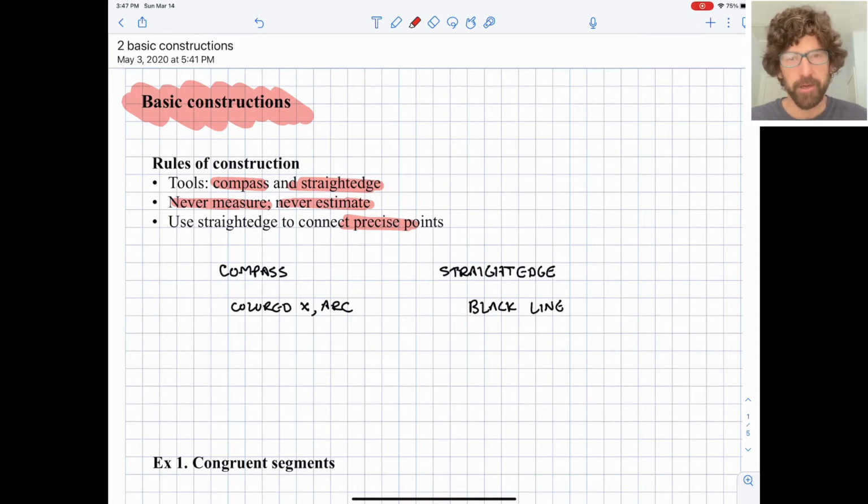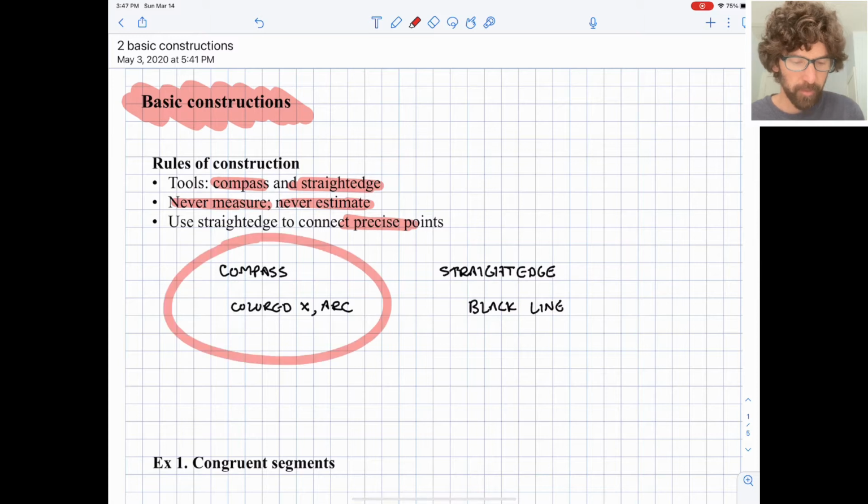For my notes app, as I'm going through this, I have some animated GIFs that I think will help show how to do these constructions, but I'll also try to use some notation. Since I'm not videoing myself using a compass and straight edge, we're just seeing what shows up on the paper. I'm not going to literally use a compass on my iPad.